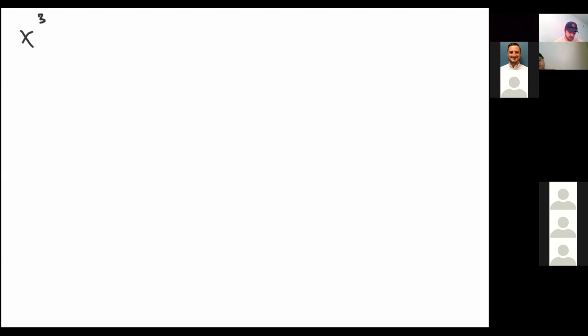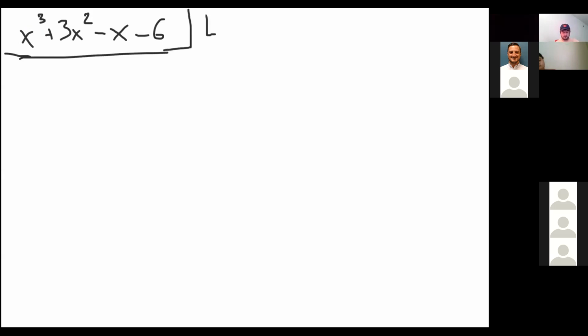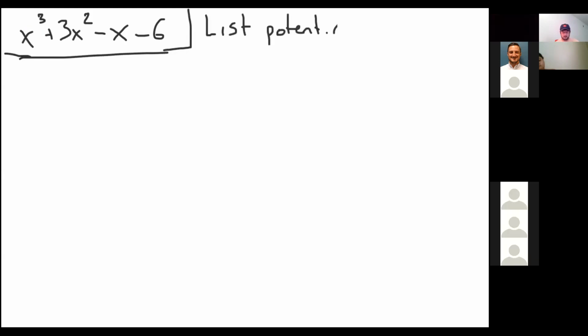X cubed plus 3x squared minus x minus 6. And the first thing we're trying to do is list the potential rational roots.